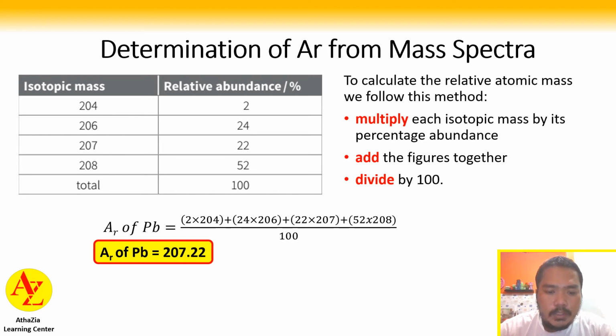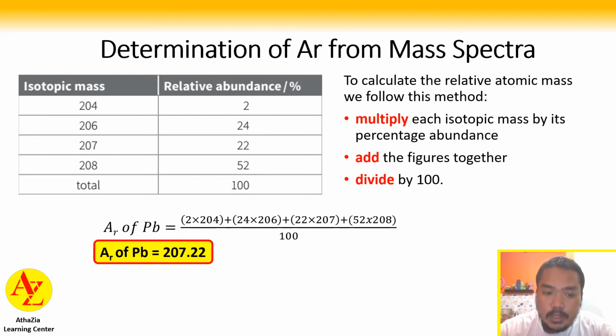The purpose of using AR, the average mass of isotopes, is because when we react something in the laboratory, for example, we need to react this Pb with other chemicals.